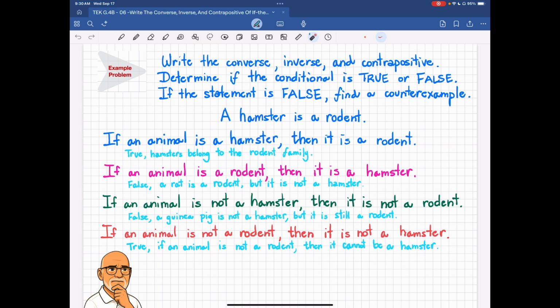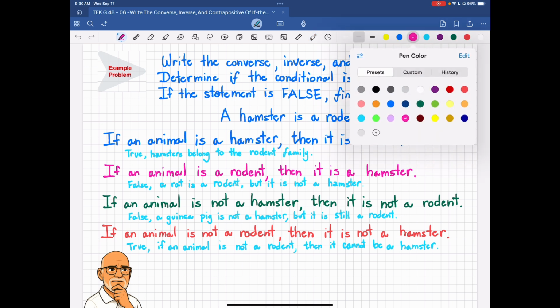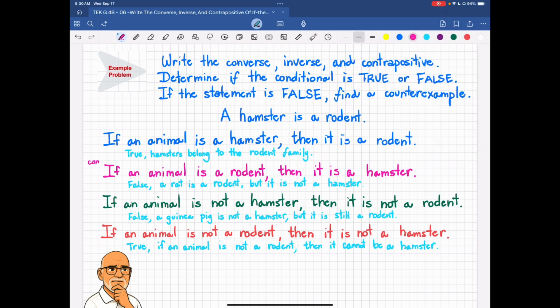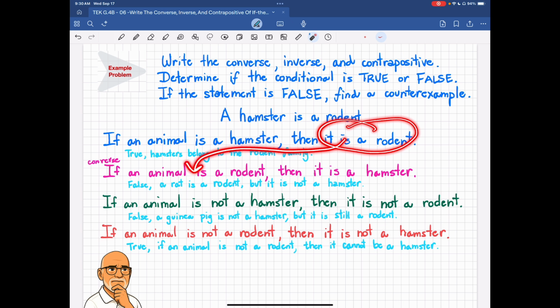So what I want to do is convert this to a converse. So this is my converse right here. The way I do that is I flip the hypothesis and the conclusion. So I come over here and I say, I'm going to take my rodent piece, make that my hypothesis, take my hamster piece, and make it my conclusion.